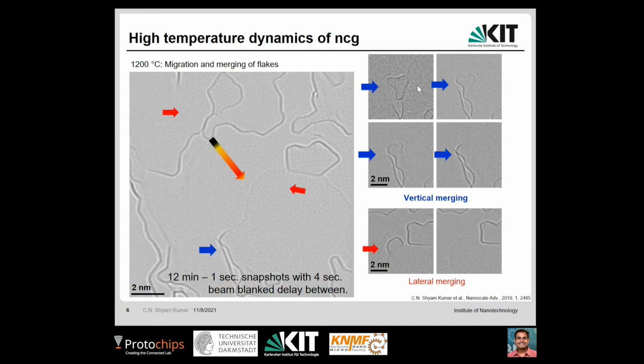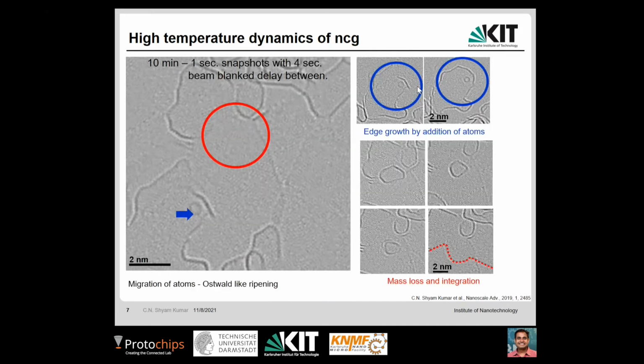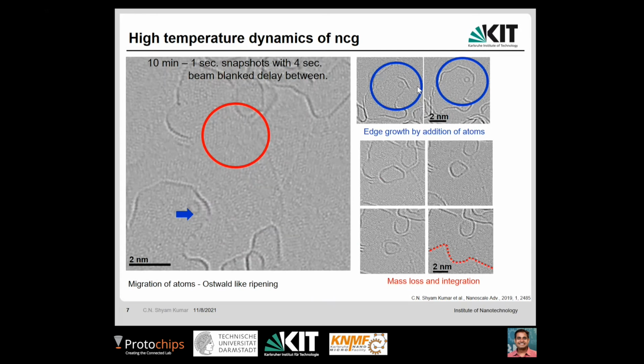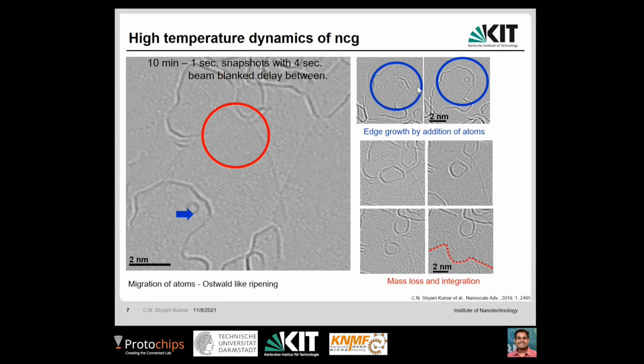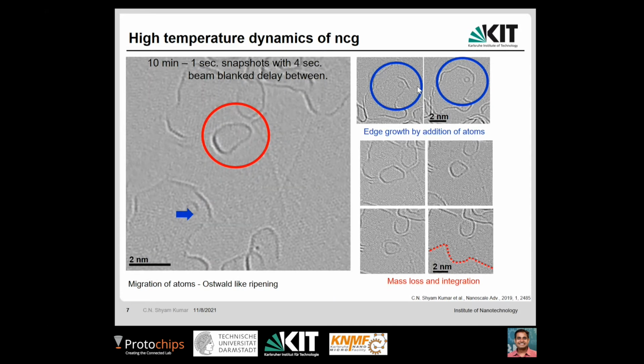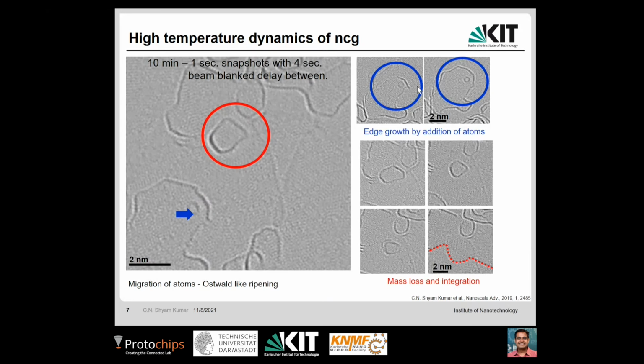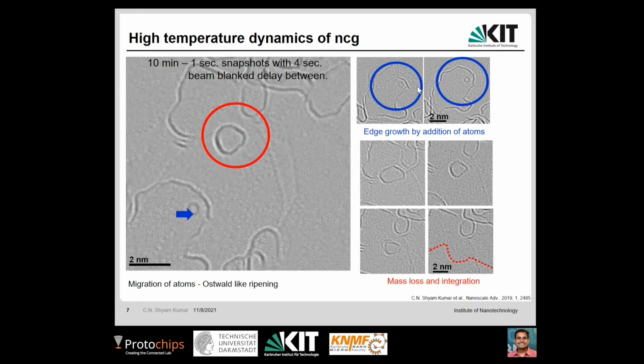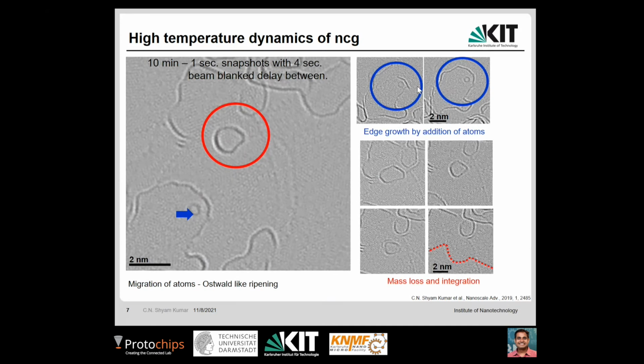Not only this, when these small flakes are migrating, as you can see, a small flake will migrate into the red circle and it will pin to a defect there. It is pinned there. So these small structures, while migrating and pinning, are shrinking in size. And at the same time, you have some big flakes indicated by the blue arrow, which are growing by the addition of atoms.